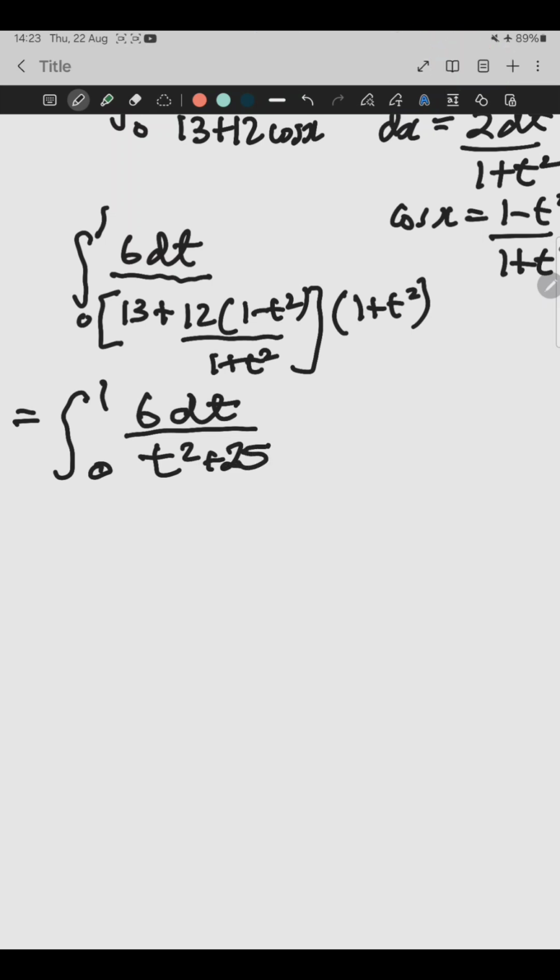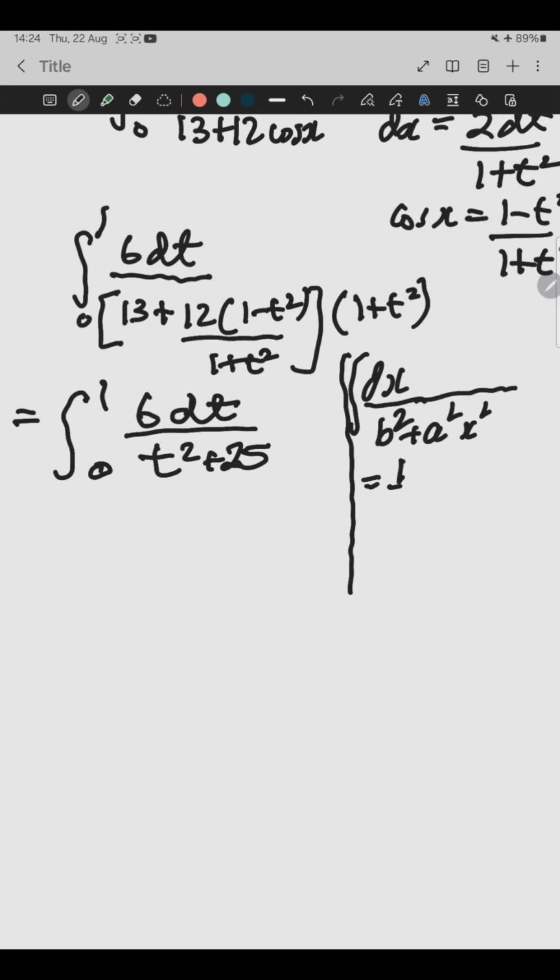Okay. Now, this is the tan inverse integral. We'll use the standard integral, dx over b squared plus a squared x squared is equal to 1 over ab tan inverse ax over b.